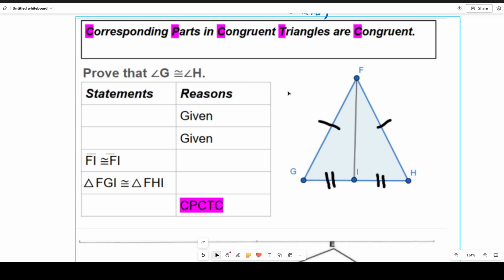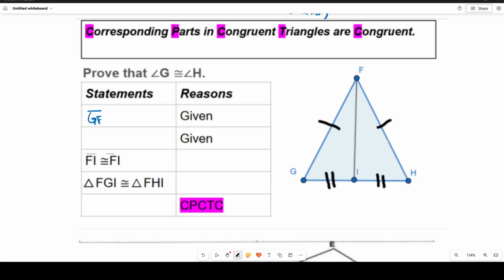Well, we are given a picture here, and we're given that this side GF is the same as this side HF, because they both have one tick mark. They're both side 1. So we can say that side GF is congruent to side HF because that was given in the picture here. They're both side 1.